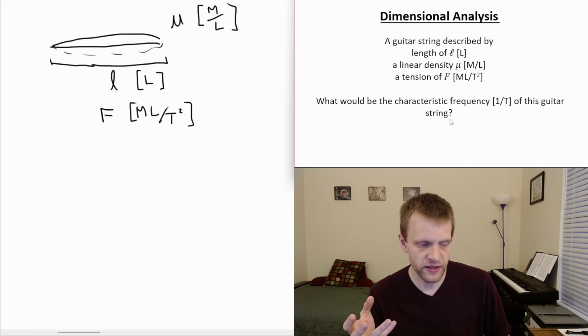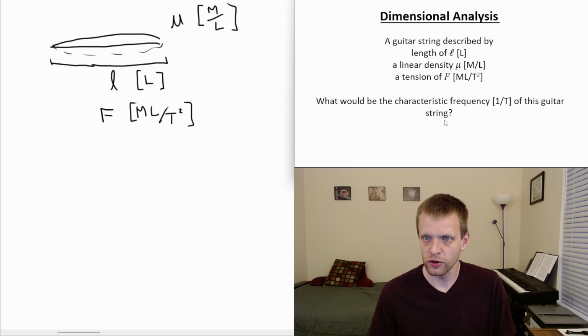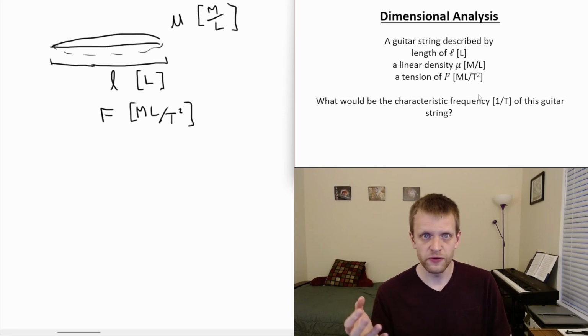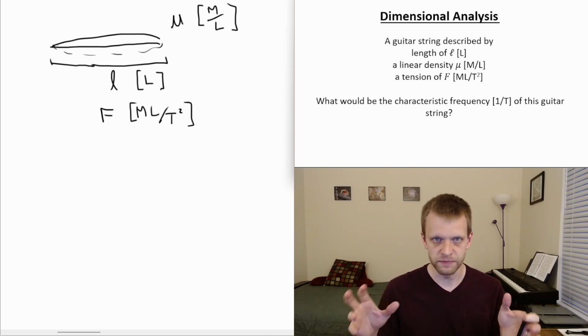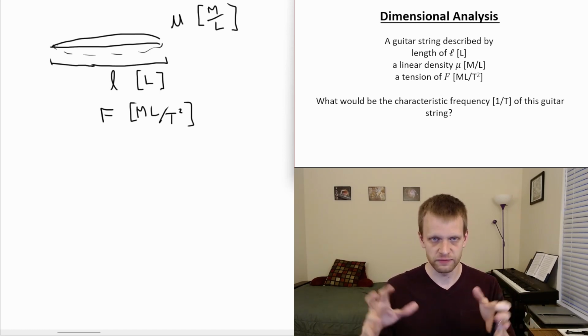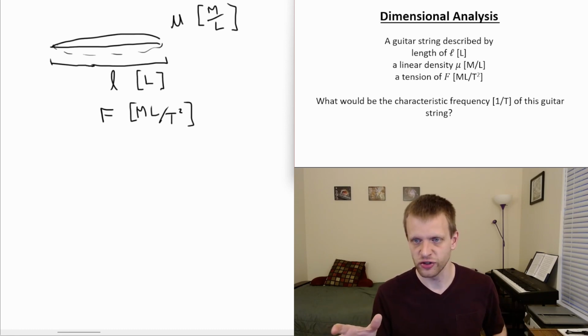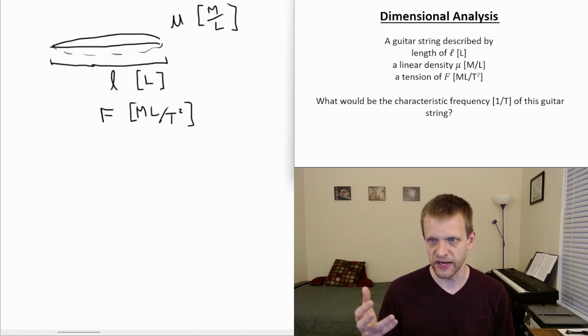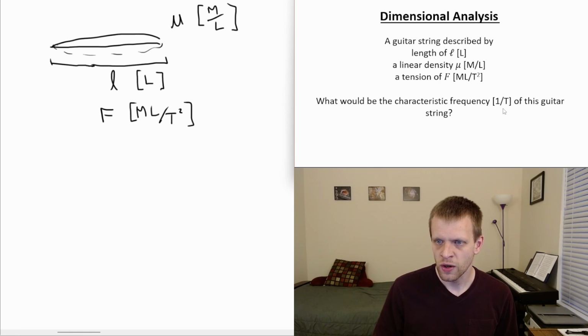So to identify this scale, we want to look at what combination of these terms will just get me units of 1 over time. There are different kind of formal ways of doing this. We're not going to do the full make a dimensional matrix and do operations on that matrix. We're just going to do these examples by inspection. So we're trying to get 1 over time.